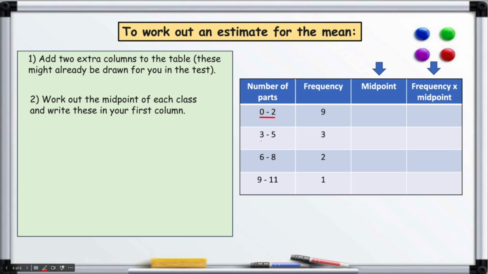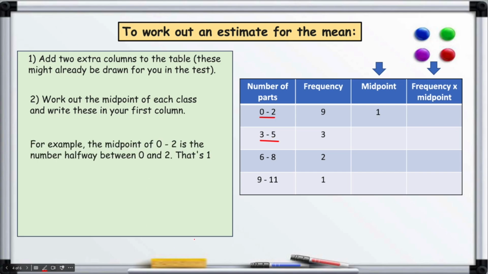The midpoint of the second class there, look, 3 to 5, 3, 4, 5. That would be the midpoint, 4. The midpoint between 6 and 8 would be 7, and the midpoint between 9 and 11 would be 10. And we fill these in this column under midpoint.